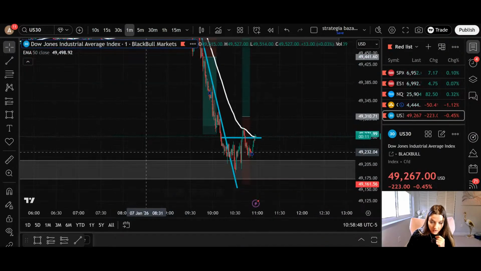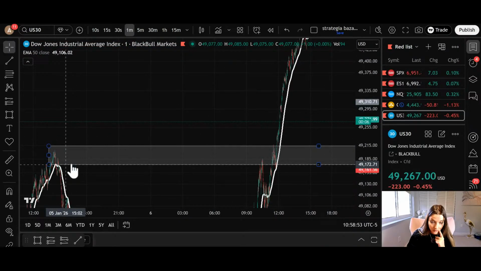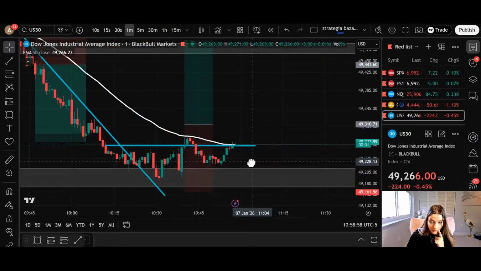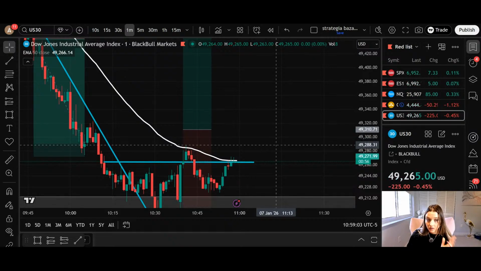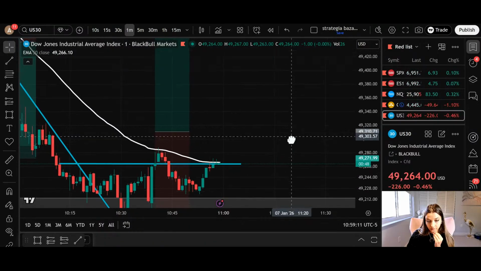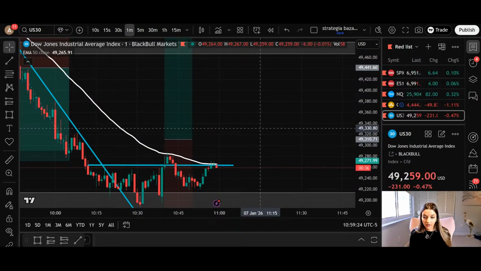You can see it touched this area, which was a support area. It rejected it, but now for me to get in a trade, I need the price to be above the EMA. So yeah, supply, demand, support, resistance, break, retest, and EMA.